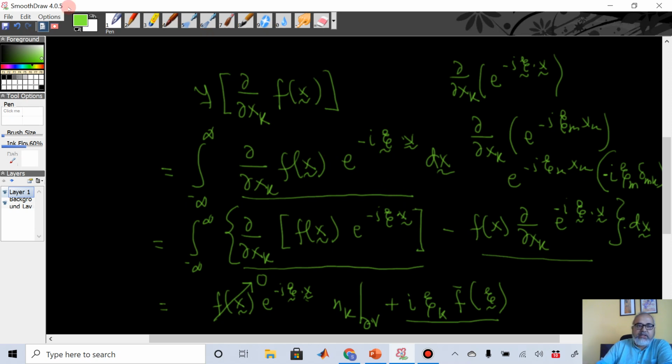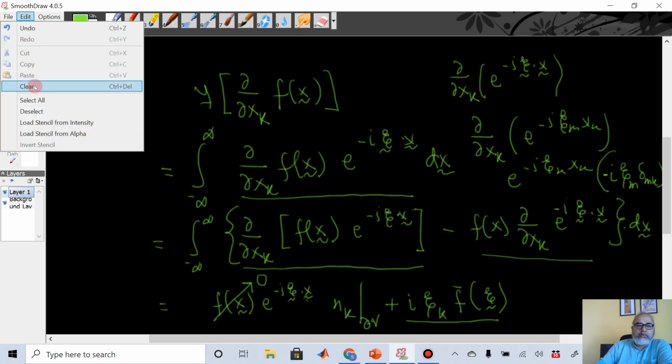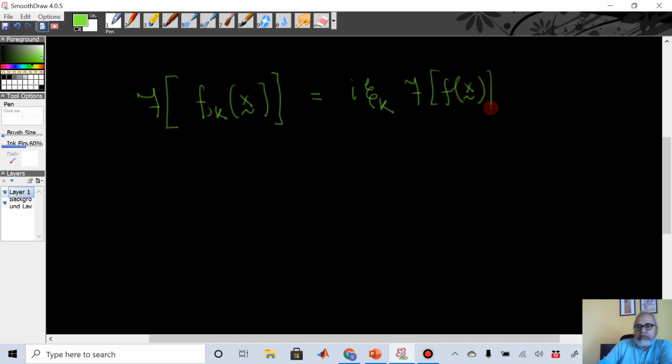So we have the result, so this is the derivative theorem. The convolution can be proved very easily.